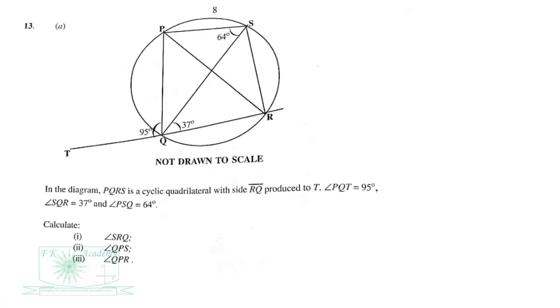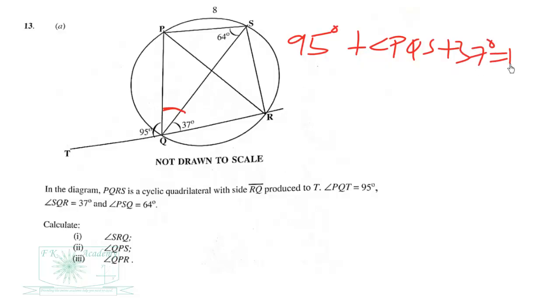Let's find the required angles. Remember that we can find the missing angle here using the sum of angles on a straight line. So 95 degrees plus angle PQS, the angle here, plus 37 degrees is equal to 180 degrees. 95 plus 37 will be equal to 132.